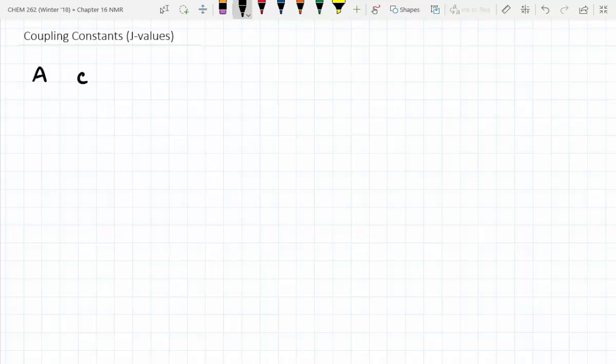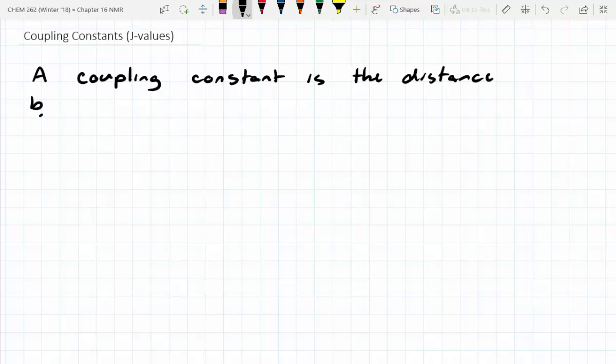So a coupling constant is the distance between the peaks, the distance between peaks in hertz when a peak is split.